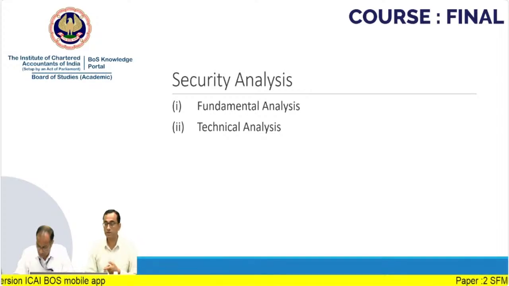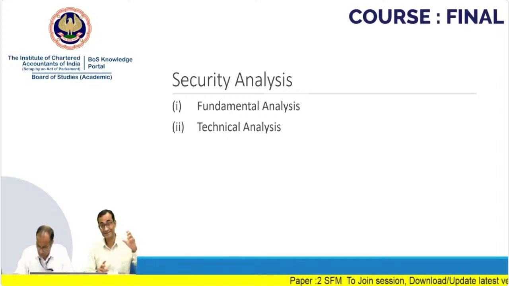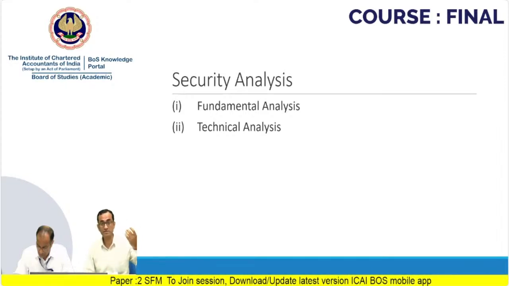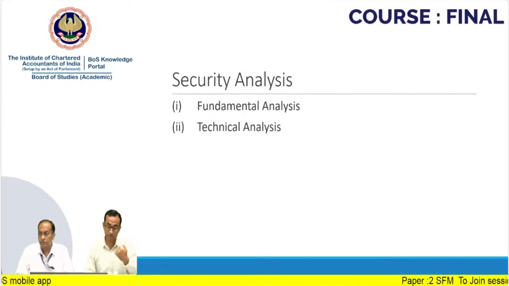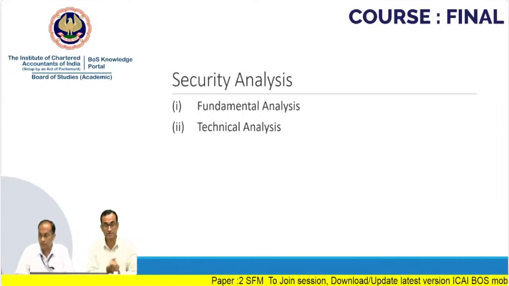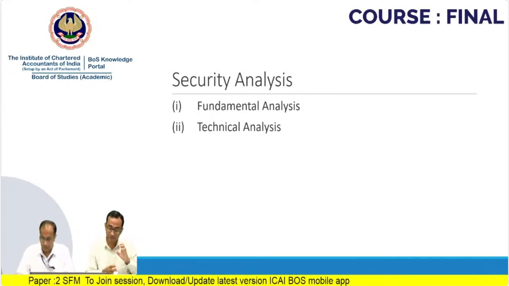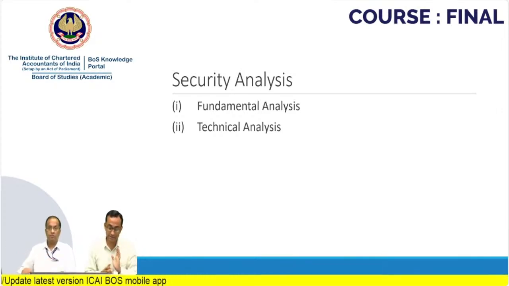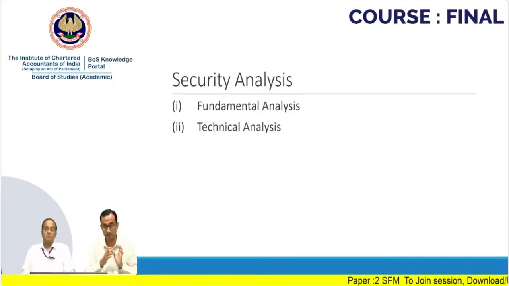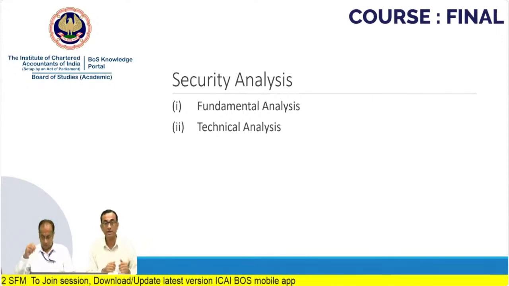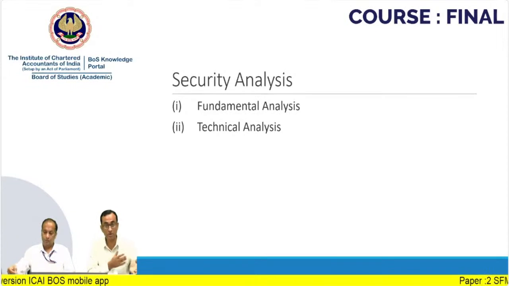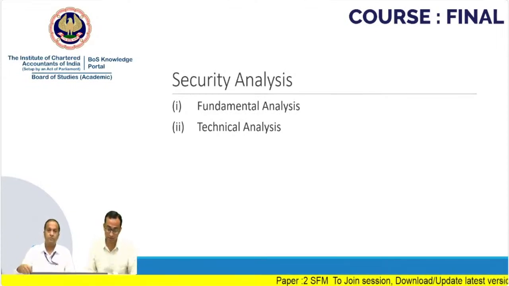This is so because the market has already adjusted to the previous financial information, the profitability. So it has already reflected and adjusted this information. So this is weak form of efficiency: the current market prices already reflect all the past information.